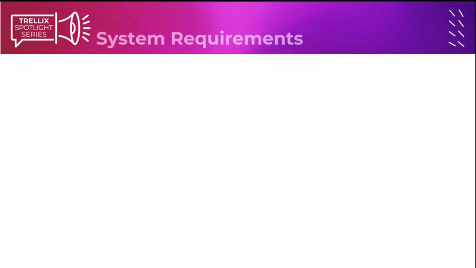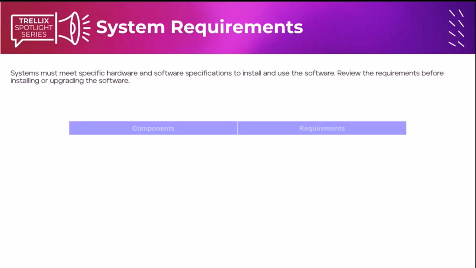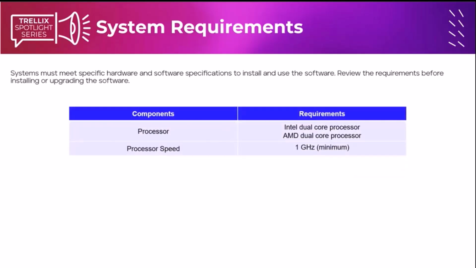Moving on to the system requirement, Agent does have its hardware and software requirement for the installation. It supports two types of processor. The first is Intel dual core and the second is AMD dual core with a minimum speed of 1 GHz. It requires minimum 512 MB of RAM.